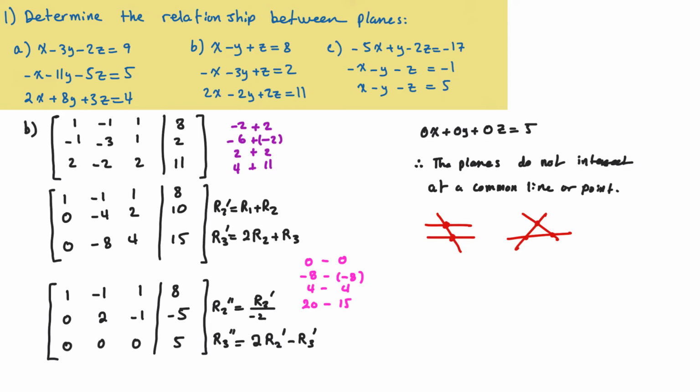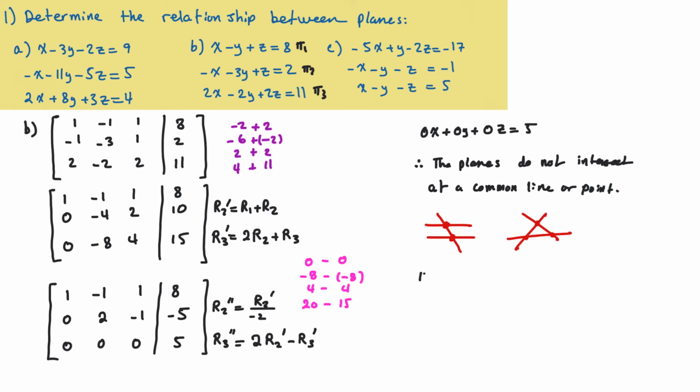Comparing 1 and 2, so I'm going to label this pi1, pi2, and pi3. We can see that pi1 and pi3, here coefficient 1 times 2 is 2, -1 times 2 is -2, and 1 times 2 is 2, meaning that pi1 and pi3 are parallel.